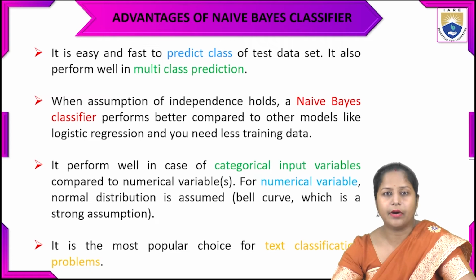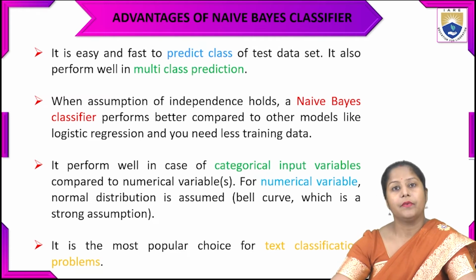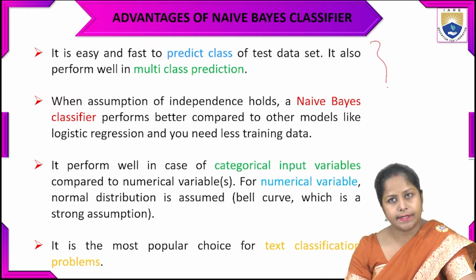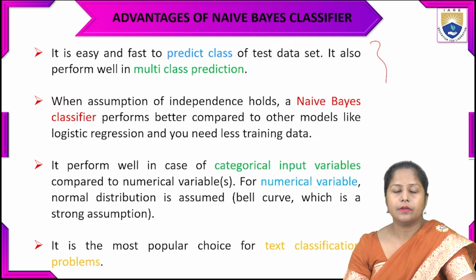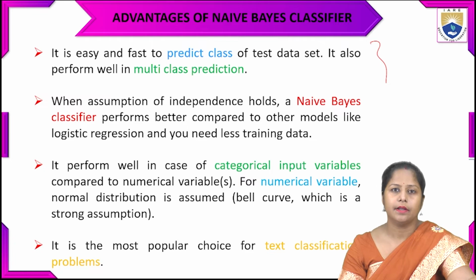So what are the advantages of using the naive Bayes classifier? First, it is easy and fast to predict the classes of a test dataset. It is fast because it uses probability formulas, and we can directly use numerical, categorical and text values.